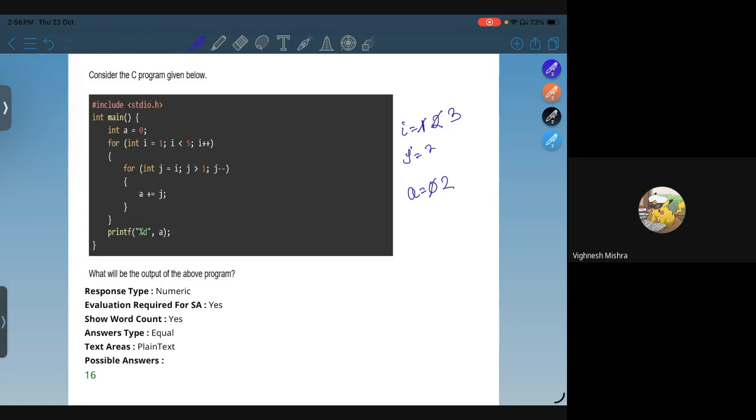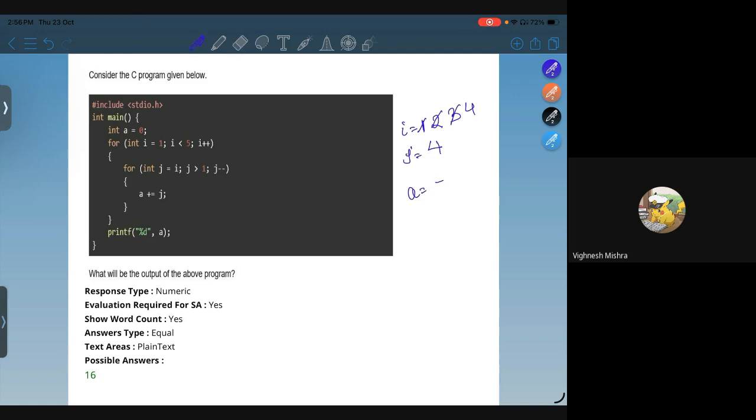So this will become 3. Now j will become 3, and we'll add 3 to this. So it will become 5. This will become 2, we'll add 2. This will become 7. We'll go to 1, and it won't add 1. Now we'll go to 4, j will become 4.